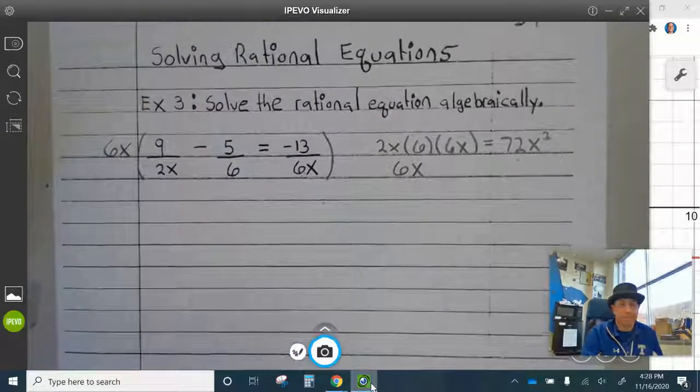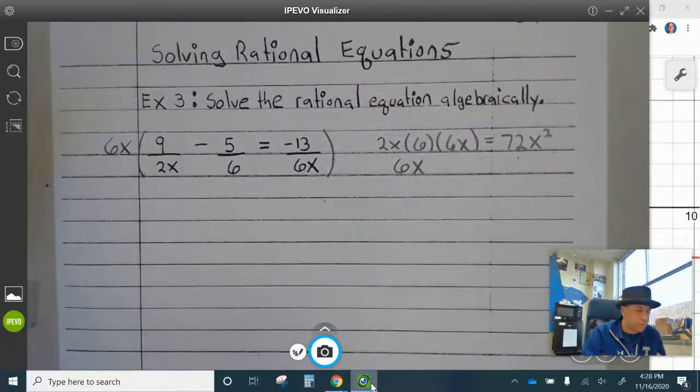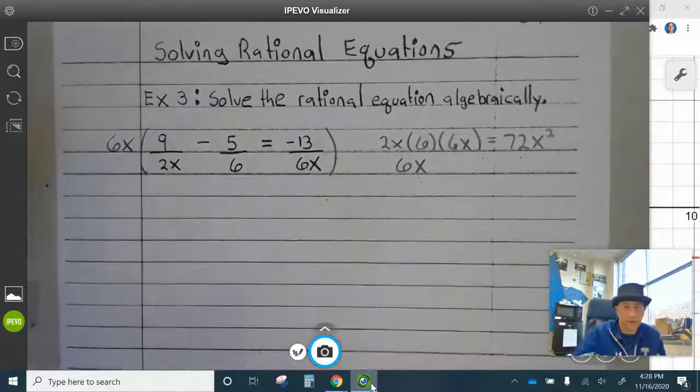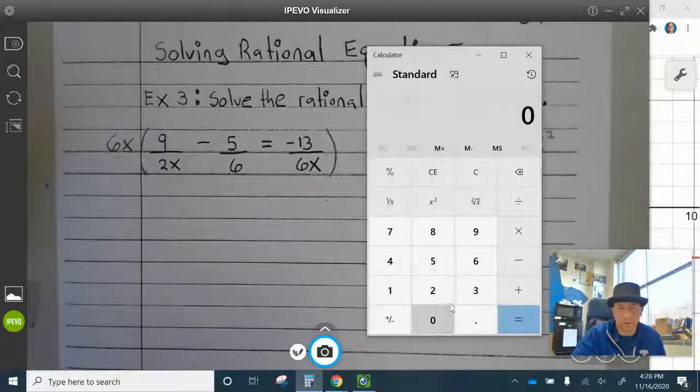So we're going to multiply 6x by everything. So 6x times 9, and I don't know what 6 times 9 is off the top of my head, so let's do that. 6 times 9 is 54.